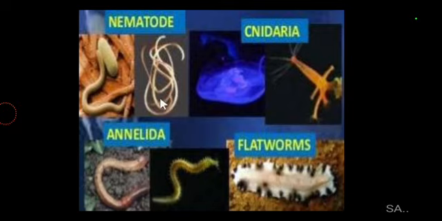You can see their body shape can be changed by them just because of this. They can move, they can go anywhere with the help of this. Then we have Cnidaria, in which you can see prominently the jellyfish. Then we have annelids, which are segmented worms, and they also move by means of hydrostatic skeleton. Their body is supported with this. And then we have got the flatworms. I hope that you have understood this hydrostats.